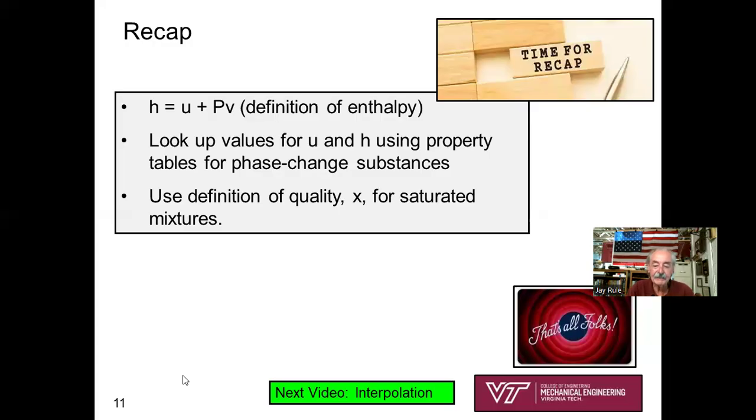That means you've got to mathematically interpolate between tabular entries to get the property value you're looking for. That's all about interpolation. I've got a whole video and some recommended videos dedicated to interpolation, an important skill that you're going to master quickly in this class.